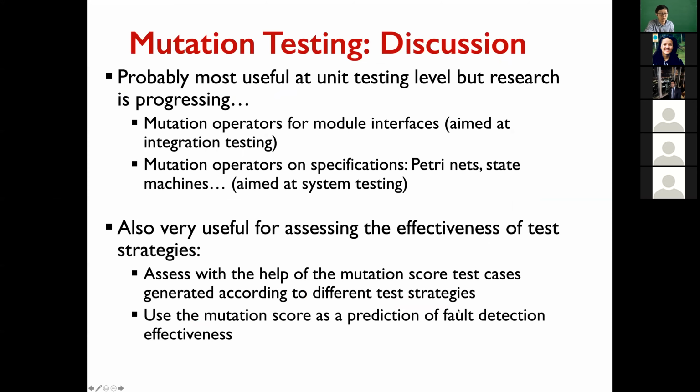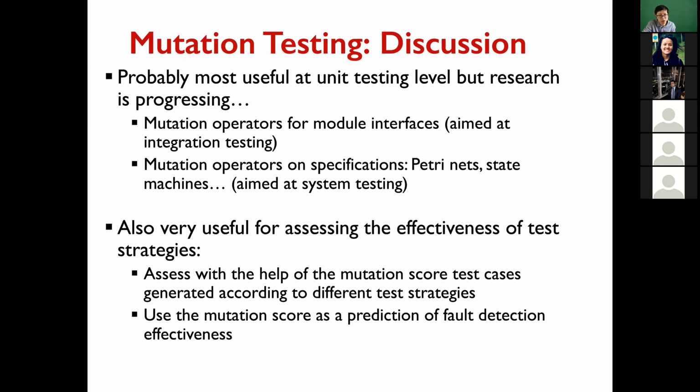There are some discussion points. Mutation testing, as we mentioned, is usually suitable at the unit test level, because we change the details of a unit, a small part in the program. But nowadays, people are researching running mutation tests at the integration level and the system level.